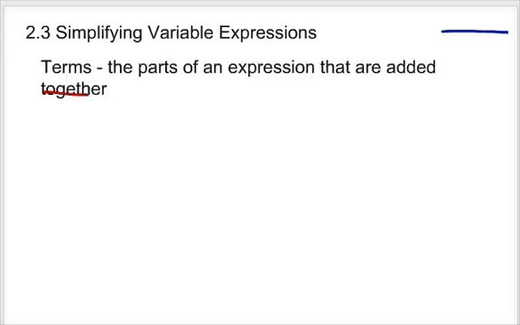And terms are the part of an expression that are added together. Let's do an example. If I have 5x plus 4x plus 7 plus 2. Now I want to know, what are the terms of this equation?